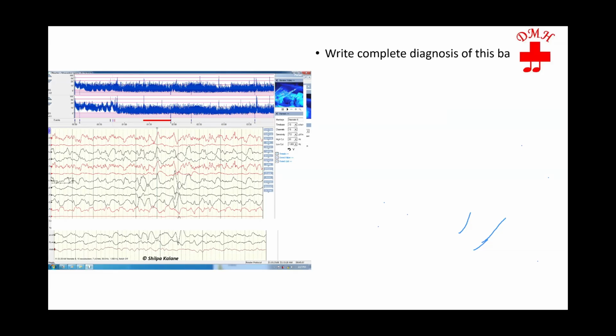Do you want me to read the case again? Okay. Birth asphyxia. So we all agree this is perinatal asphyxia. And based on the EEG, HIE stage 2, HIE stage 3, meconium-stained liquor, birth asphyxia. Any other diagnosis?